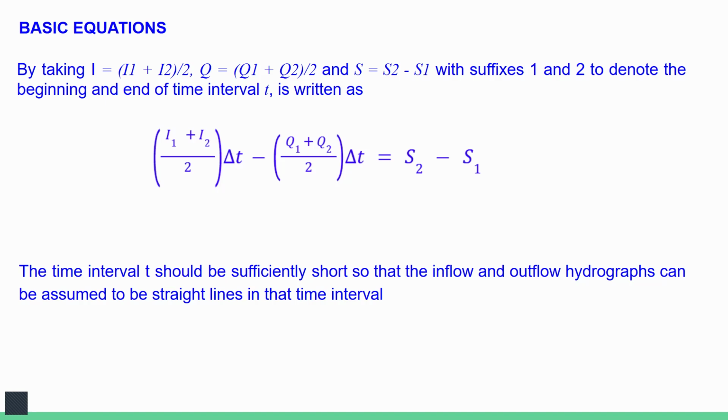The time interval delta t should be sufficiently short so that the inflow and outflow hydrographs can be assumed to be straight lines in that time interval.